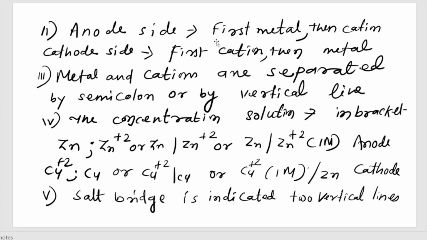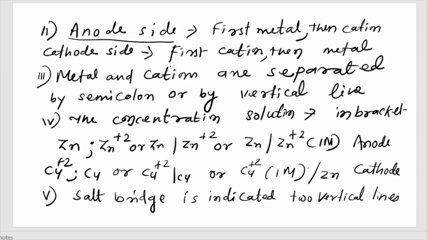First you will see the anode side. There are two sides, I told you: one is the anode side, another is the cathode side. The anode side is the left side, the cathode side is the right side. On the anode side, first the metal, then the cation. First the metal you represent, that means Zn, then the cation Zn plus 2.